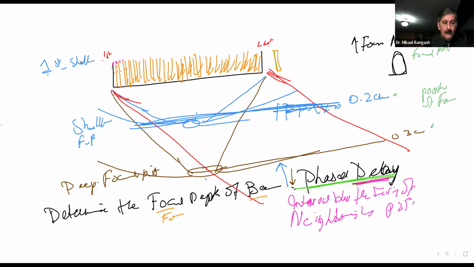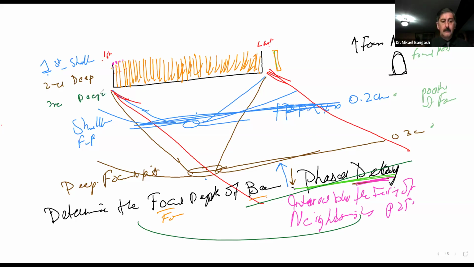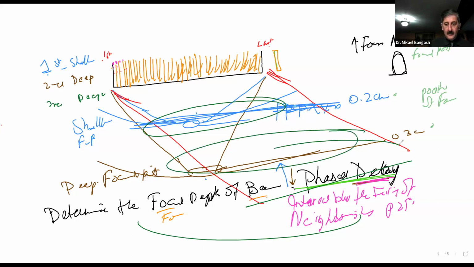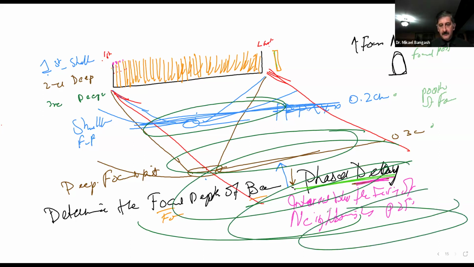Then, followed by deep. Even if we had a deeper focal point, then the deeper, and so on. First, shallow focal points will be taken care of, then the deeper, then the deeper.